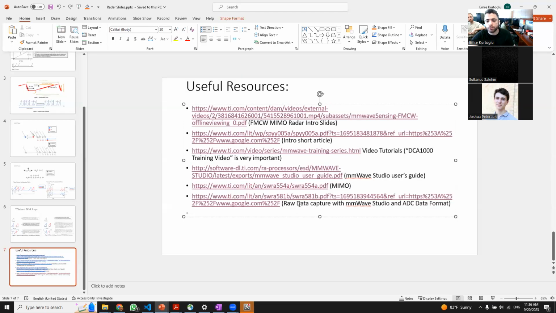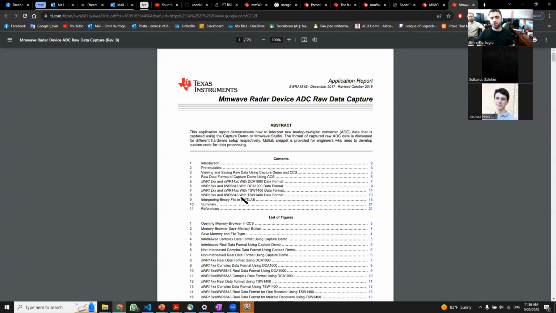Also, one other thing is the radar capture with MMWave and ADC data format. Each radar platform comes with its own data format, depending on if you are dealing with AWR12xx or IWR16xx, whatever the radar platform you are using, you need to check its DCA data format. If you process it in the wrong way, for example, if you collect data with 14xx and try to process it as 16xx, your data will look corrupt.